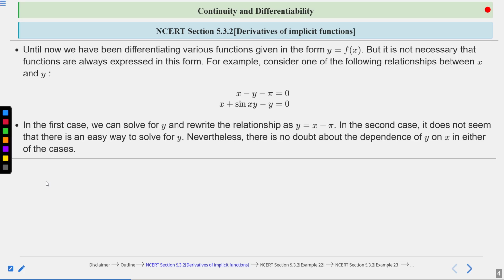In the first case, we can solve for y and rewrite the relationship as y is equal to x minus pi. Now in the second case, it does not seem that there is an easy way to solve for y. Nevertheless, there is no doubt about the dependence of y on x in either of the cases, right?